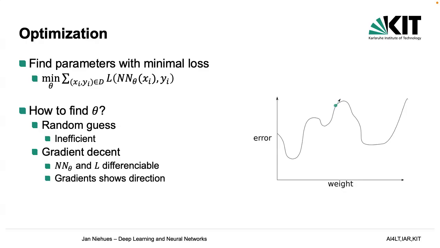Yes, exactly. So we are only optimizing the loss on the training data, but this is not what you're really interested in. You would be really interested in how good it is on some unknown data. And then it might be that you do wrong training, like overfitting, which we'll come to, so that you end up in a solution which is good for this type of data, but it doesn't generalize.